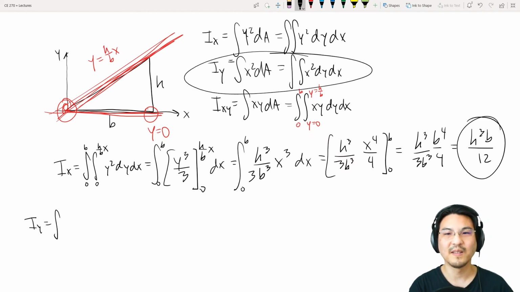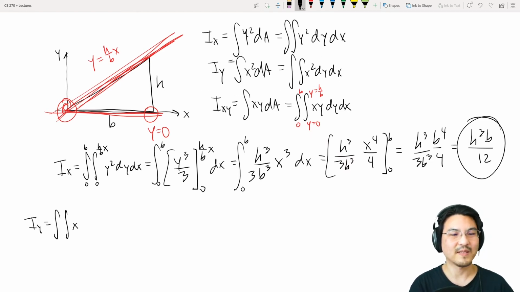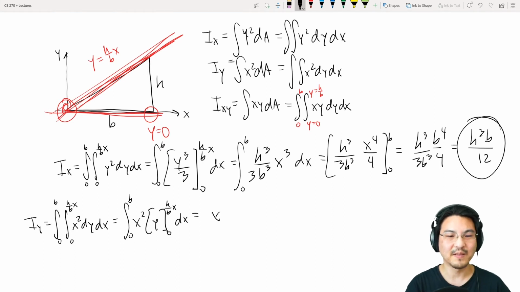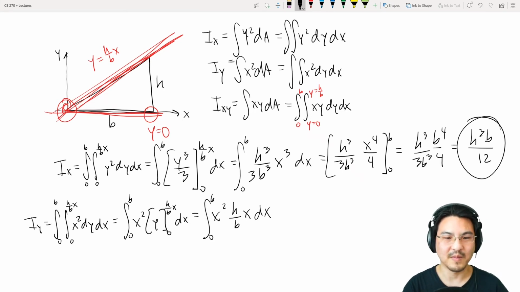Let's try Iy. So right here, x squared dy dx. Same limits of integration. Let's integrate x squared dy. So that's x squared y from 0 to h over b x. Let's evaluate this integral. So that's x squared times h over b x.